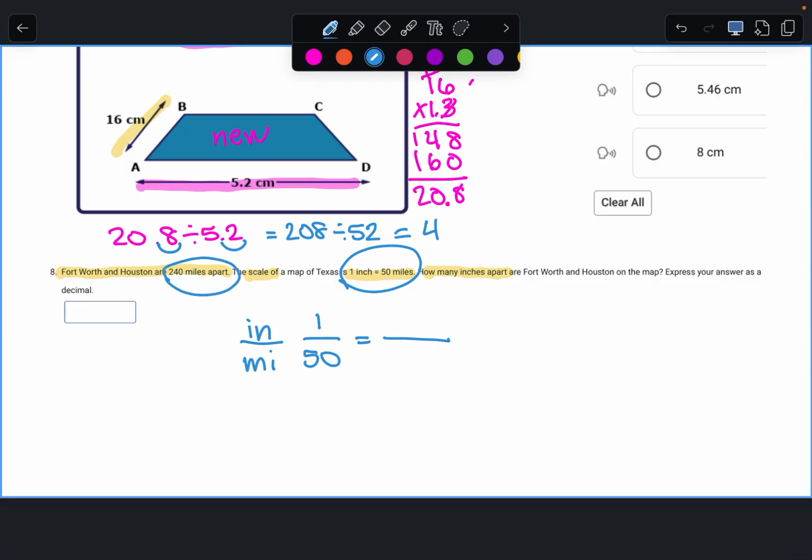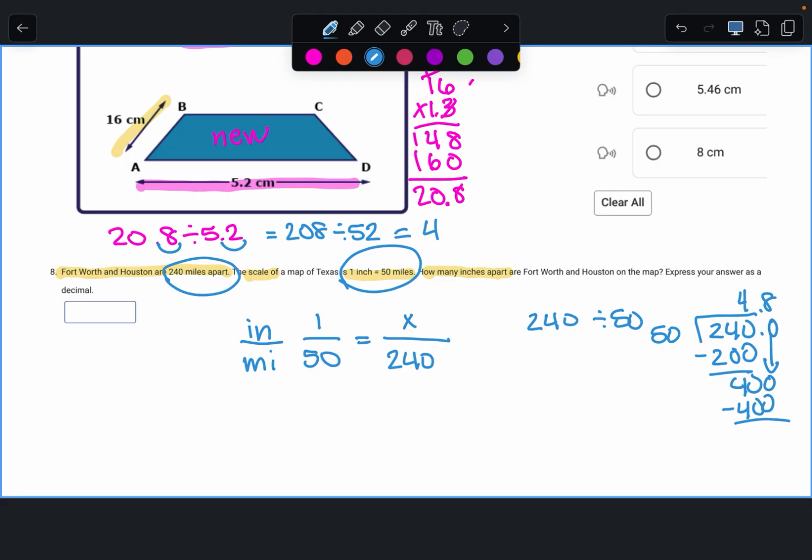And I know that they're 240 miles apart, so that goes on the bottom with miles. So then I cross multiply and divide. So they would be 4.8 inches apart.